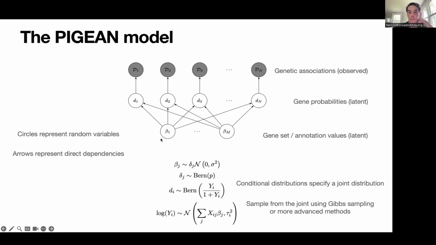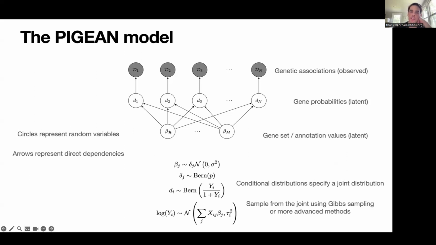We don't know what those values are, but at least that form of the model should be pretty intuitive. And then we have the data, shown here on the top, this capital D, which are the associations we observe for the gene. Intuitively, the more likely a gene is to be involved in disease, the stronger the associations we'll observe for it.